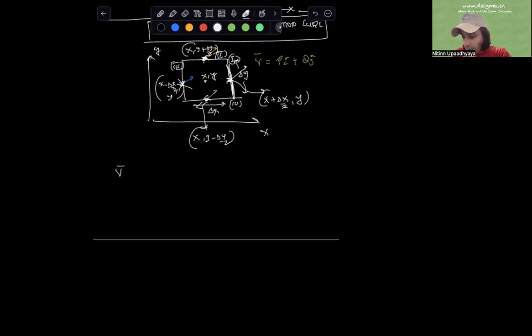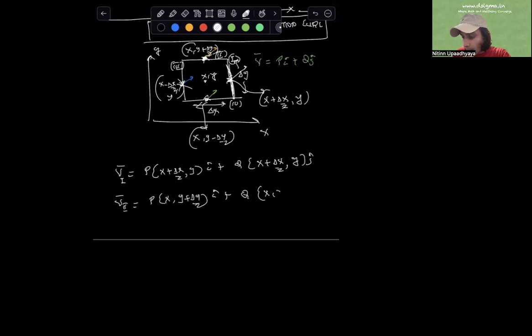The velocity field at the midpoints of each of these segments: for instance, the velocity field at the midpoint of segment 1, we can write as P(x plus del x by 2, y) along the i direction plus Q(x plus del x by 2, y) along the j direction. The velocity field at the midpoint of segment 2 would be P(x, y plus del y by 2) along the i direction plus Q(x, y plus del y by 2) along the j direction.